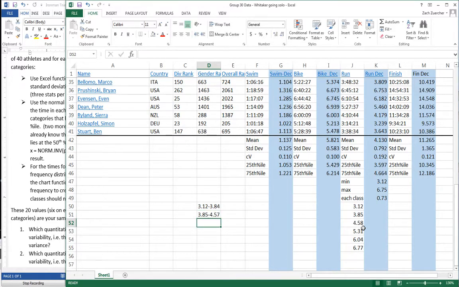Then 4.58 up to 5.30. And 5.31 up to 6.03.